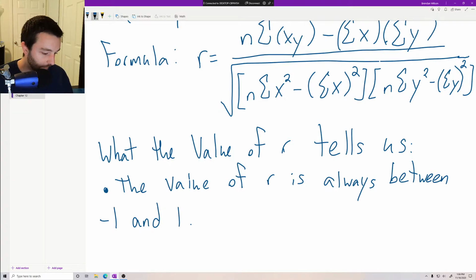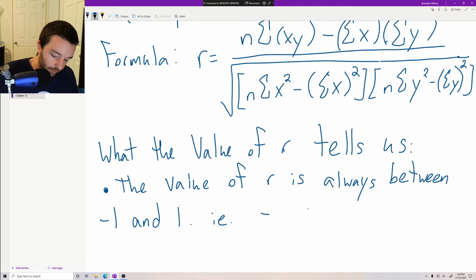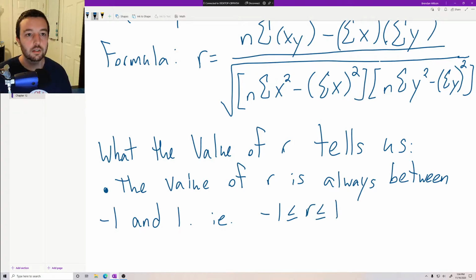Okay. So in other words here, -1 is less than or equal to R is less than or equal to 1. So the largest thing R can be is 1. The smallest thing it can be is -1. We saw that before. In the example problem we did in the last lecture, our R was 0.995. So it was almost 1. But it was within this range still.